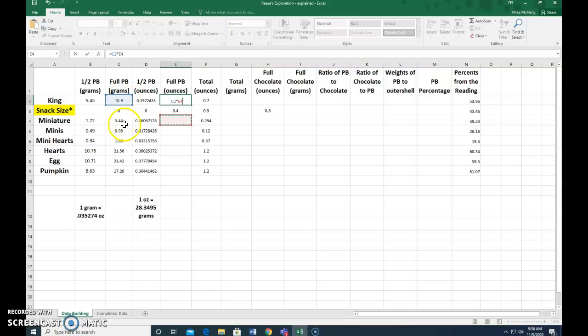It would be the full peanut butter for the miniature, so equal sign, this number, so I'm going to click on it, C4, and this time we're going to type it in, times 0.035274.